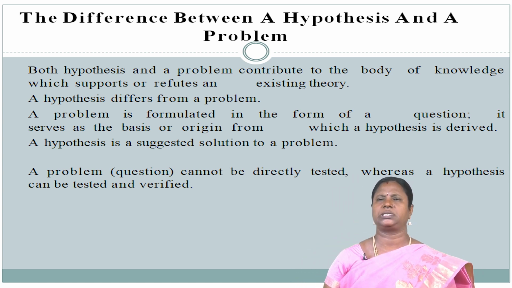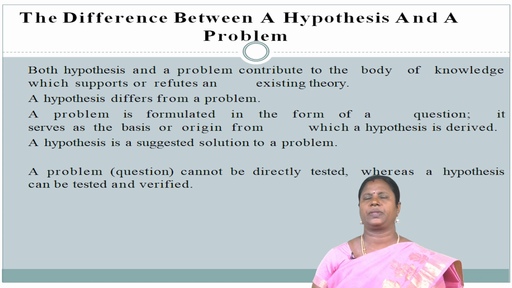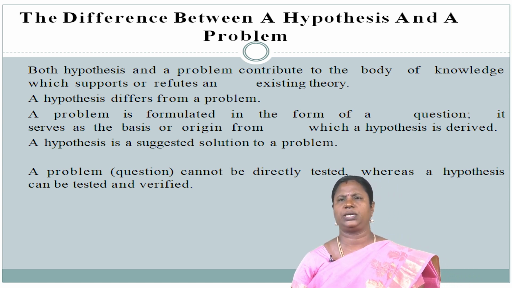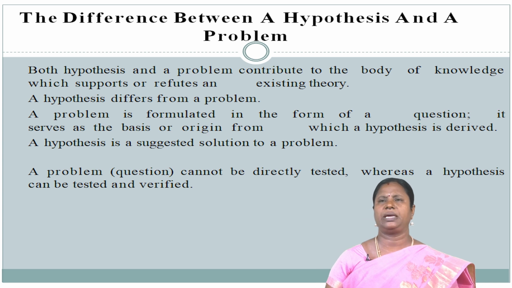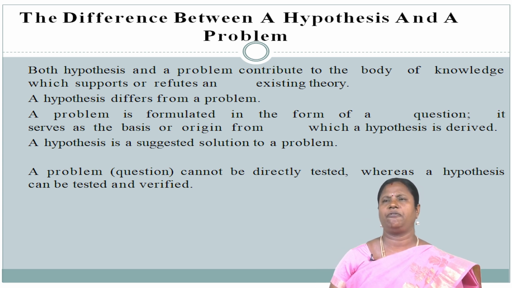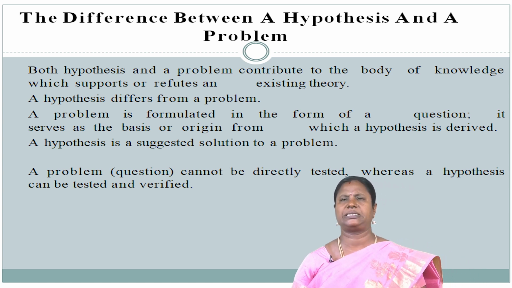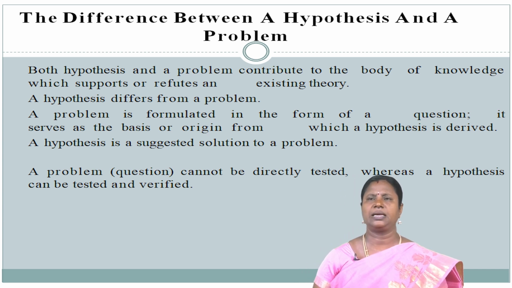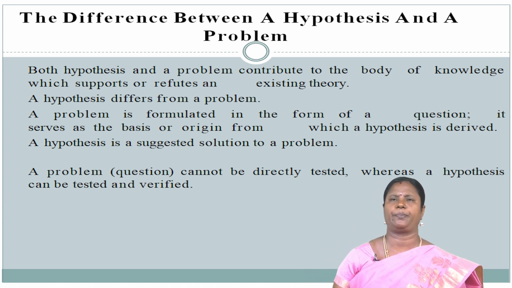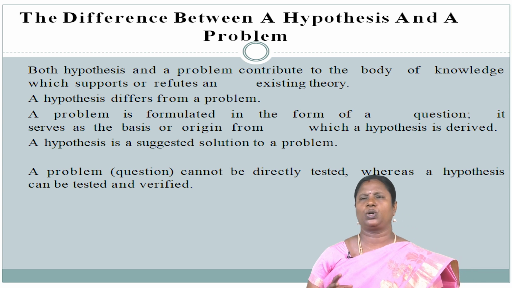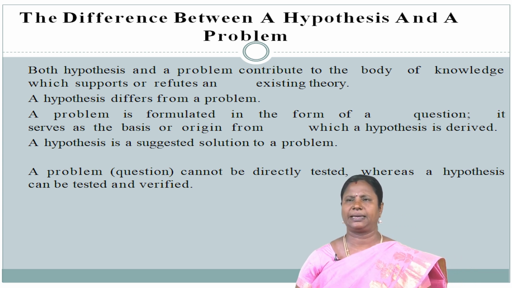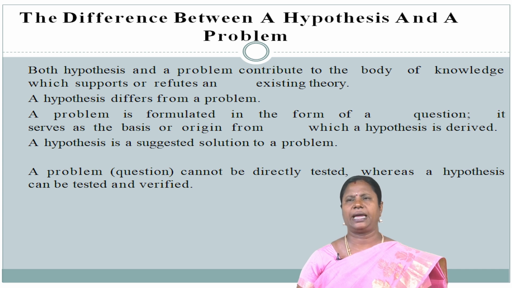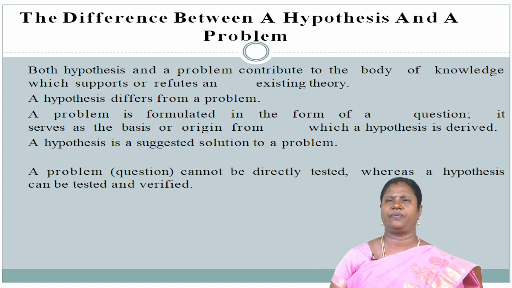A hypothesis differs from a problem. A problem is formulated in the form of a question. It serves as the basis or origin from which a hypothesis is derived. A hypothesis is a suggested solution to a problem. A problem question cannot be directly tested, whereas a hypothesis can be tested and verified.